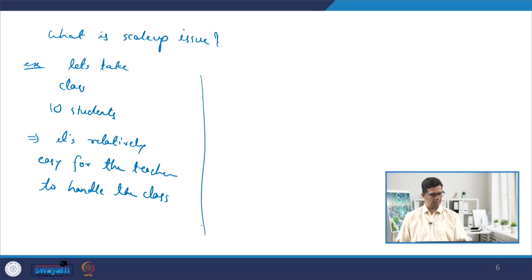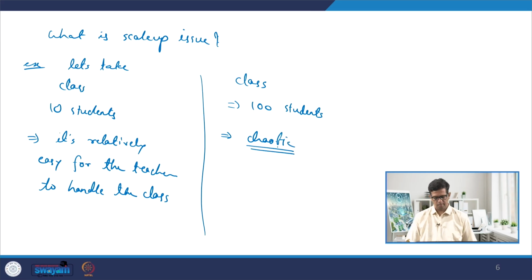However, if I have a class with, let's say, 100 students or even more, then it becomes more chaotic, because the size of the class has increased.